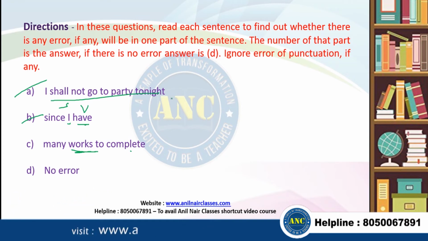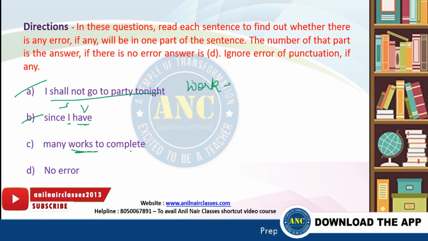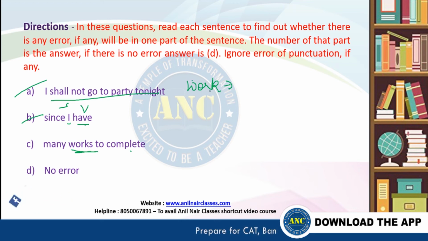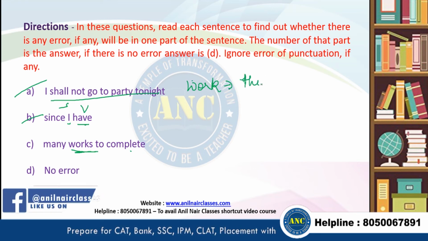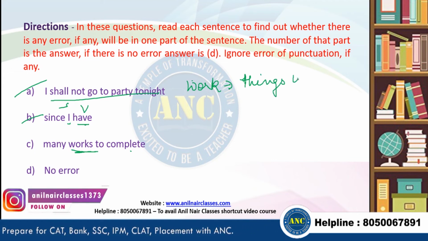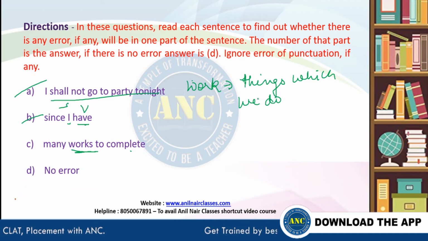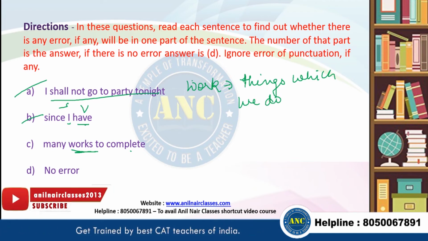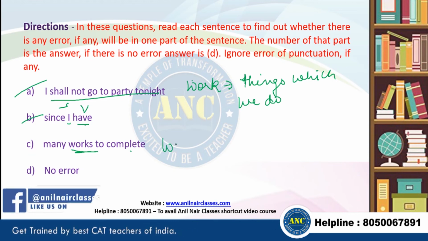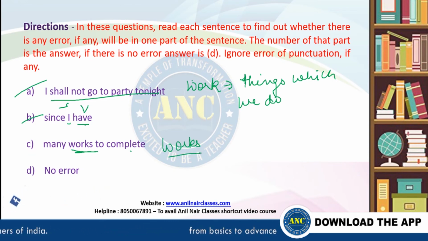Yes. So when you talk about work, there is a word called work. Work means something which we have to do, or we can say things which we do, right? That is called work. Now works, when you talk about the plural form, the meaning changes.